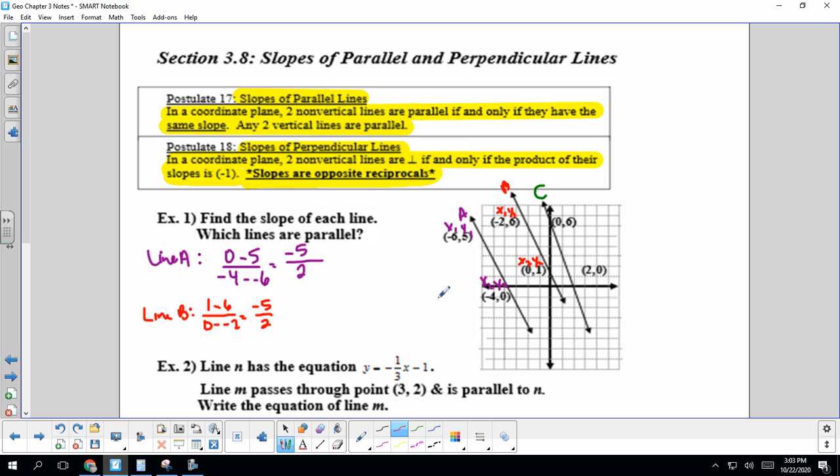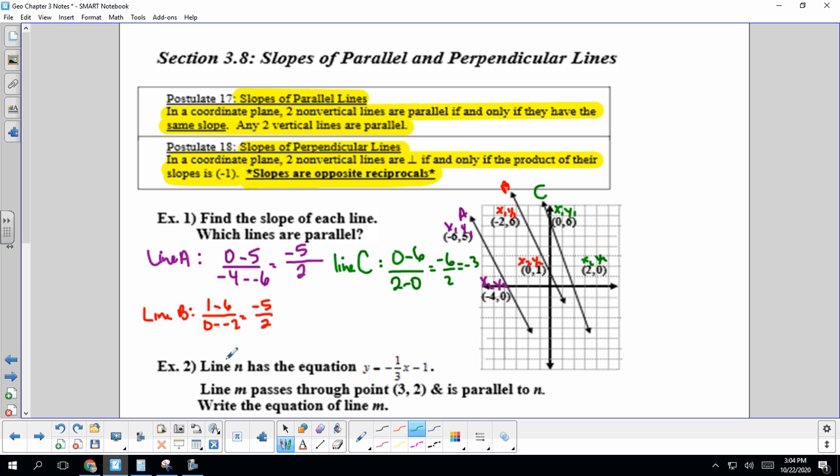Yay, those are the same. Okay, one more. We're going to look at C. And it is x1, y1, x2, y2. So we have 0 minus 6 over 2 minus 0, which is -6 over 2.